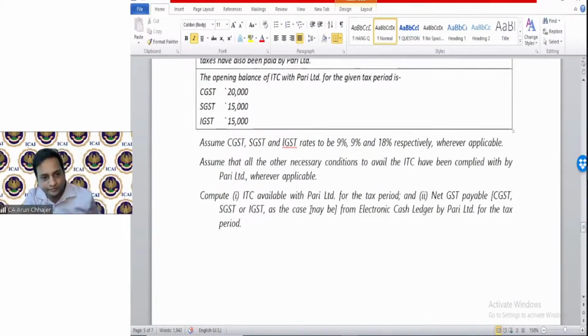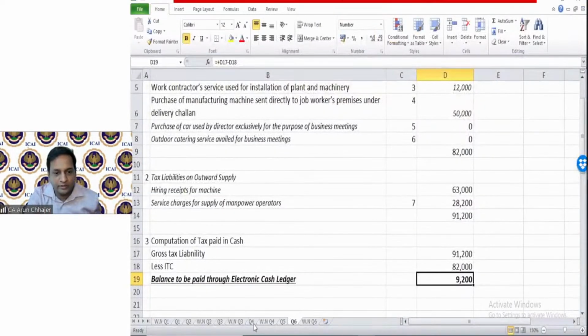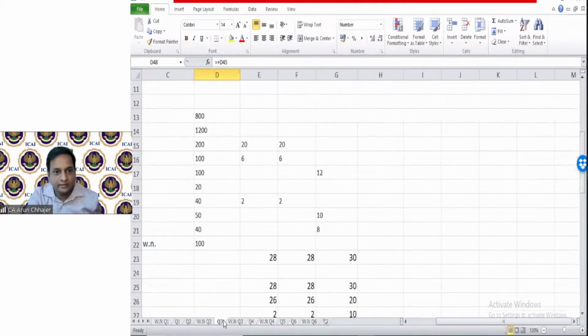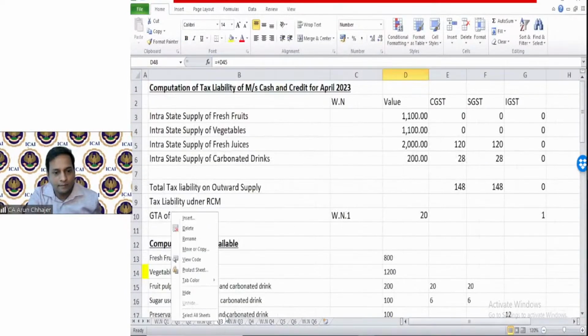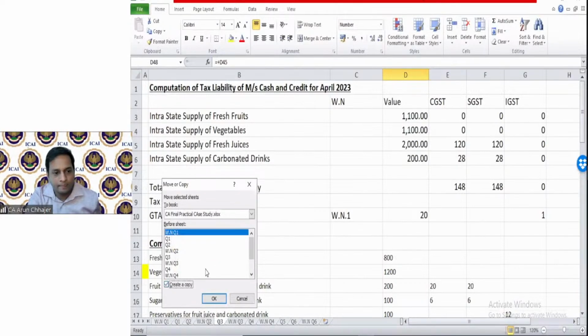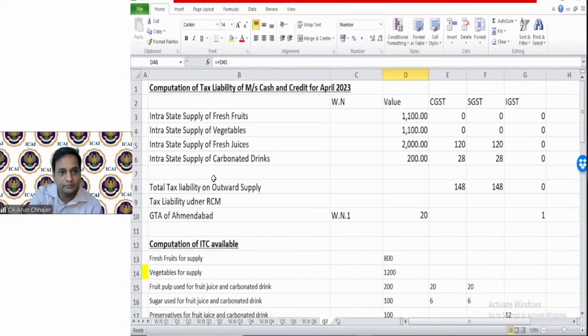So fine, it is almost the same question. Again, I will not write the working note because it is almost covered.